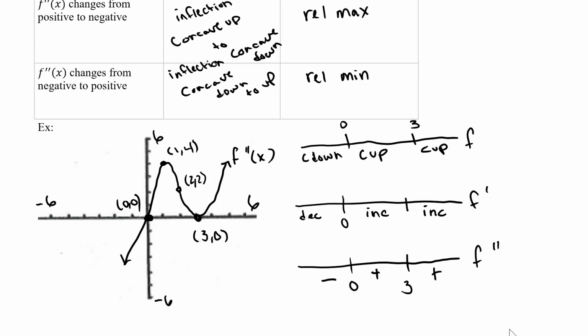Other conclusions we can make when our f prime graph changes from decreasing to increasing: this is going to be a relative min on that graph, and then increasing to increasing is nothing on that graph. What else can we make for conclusions?